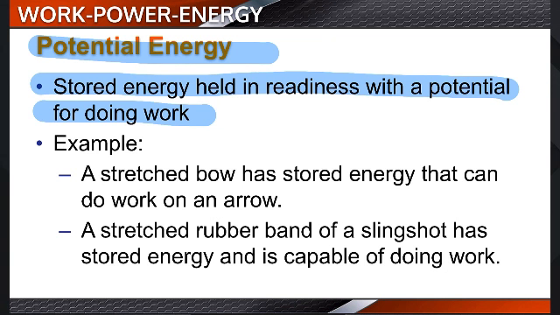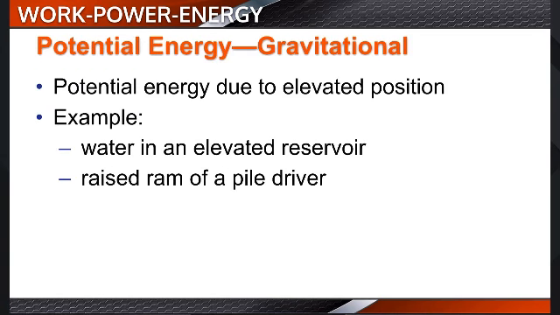If you have a rubber band, you pull back on the rubber band, you are storing energy in the elastic potential form, and if you were to release it, it would be able to do work. Another type of potential energy is related to what I alluded to a little bit ago, gravitational potential energy.